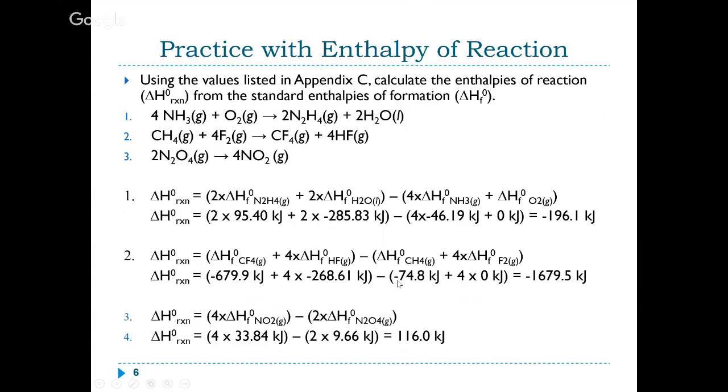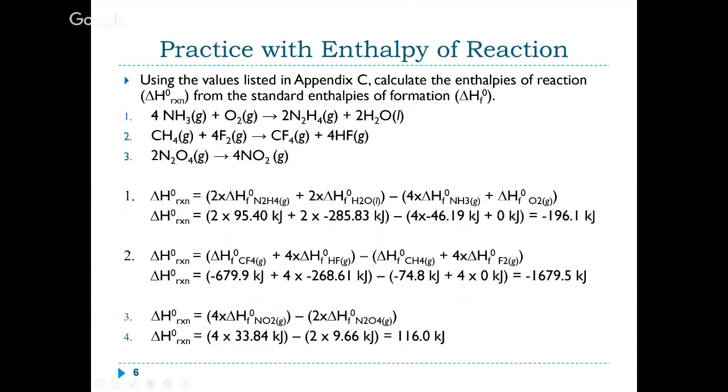Okay, so now we have our next equation here. Methane plus 4 fluorines gives us carbon tetrafluoride and 4 hydrofluoric acid molecules coming off as a gas. So we have the enthalpy of formation of CF4 plus 4 times the enthalpy of formation of HF, which we've identified here. Then we subtract out our enthalpy of formation for methane as a gas, and then 4 times our enthalpy of formation for fluorine.